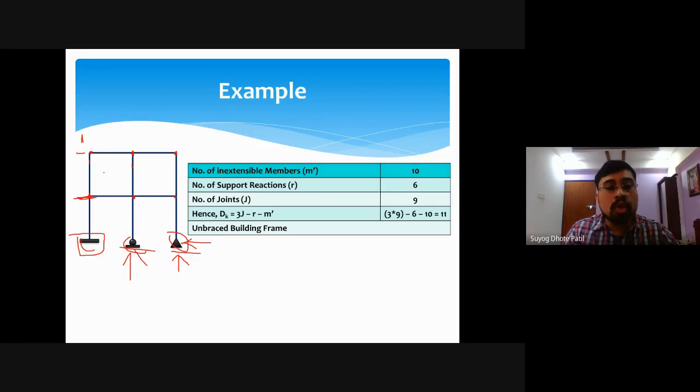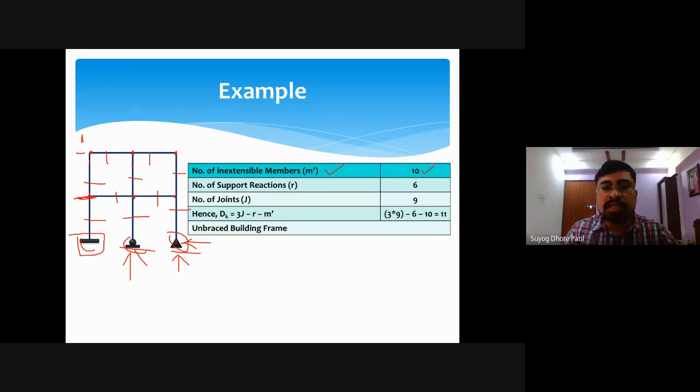So all these members are inextensible members, because all the members are connected with fixed joints. The number of inextensible members, m dash, is 10: 1, 2, 3, 4, 5, 6, 7, 8, 9 and 10.